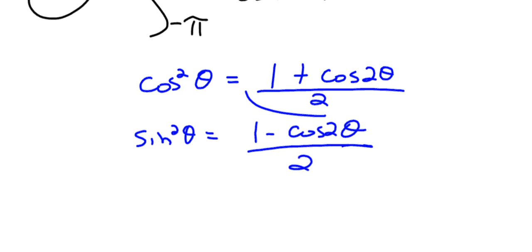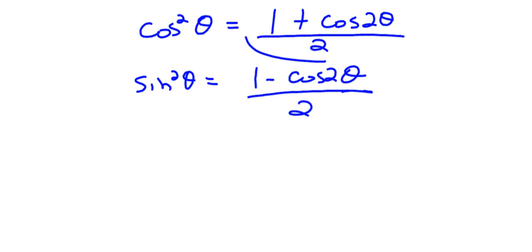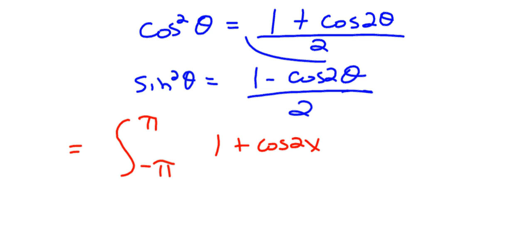So for this problem, I'm going to replace cosine squared with 1 plus cosine 2x over 2, splitting this into 1/2 plus cosine 2x over 2 dx.